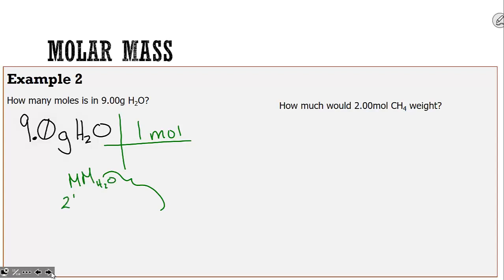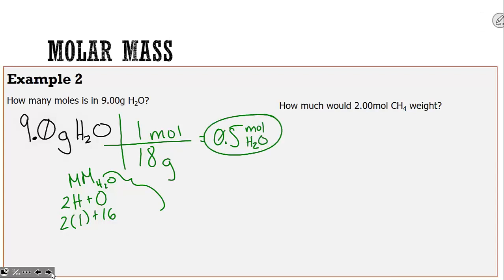Molar mass of water would be 2 hydrogens and an oxygen, so that's 2 times 1 plus 16, so 18 grams for each mole. So 9 divided by 18, this is approximately a half a mole of water.